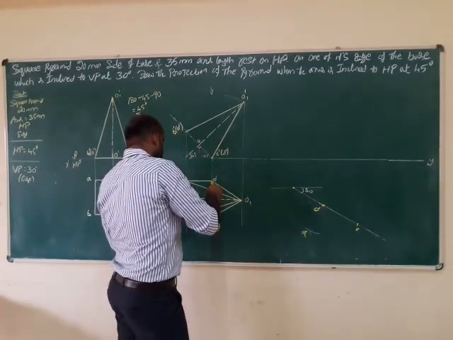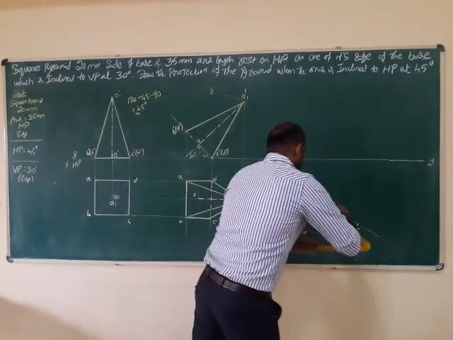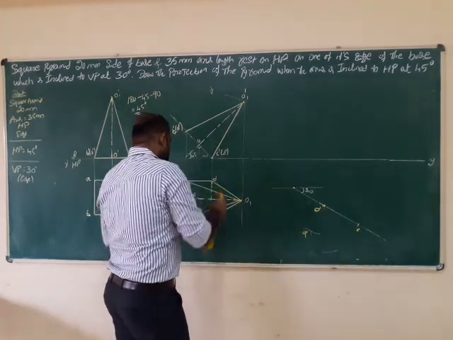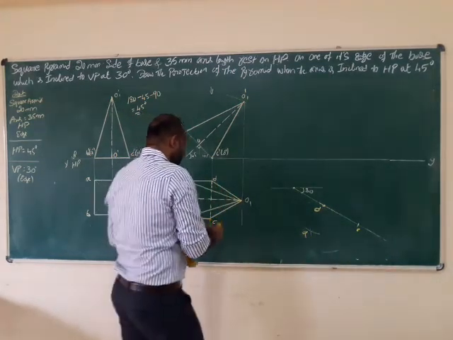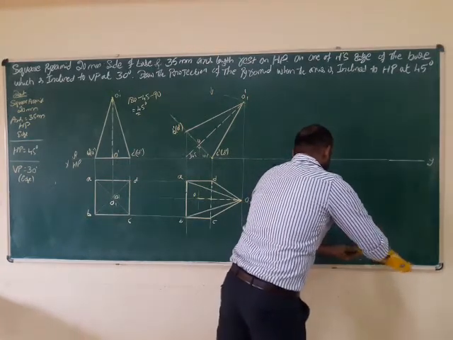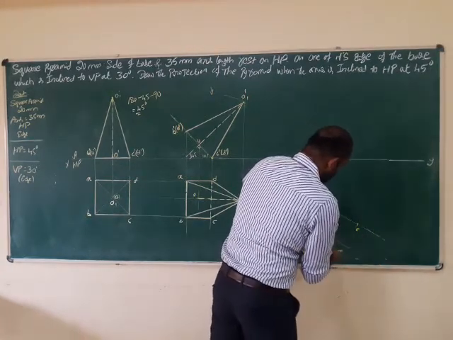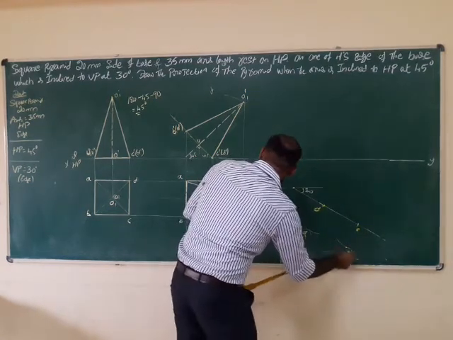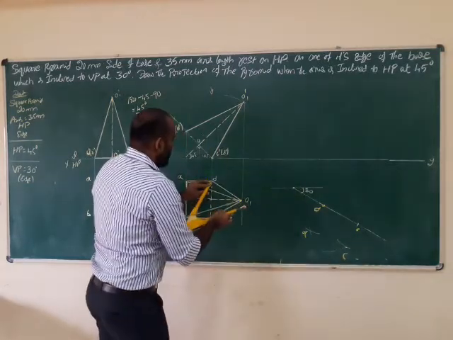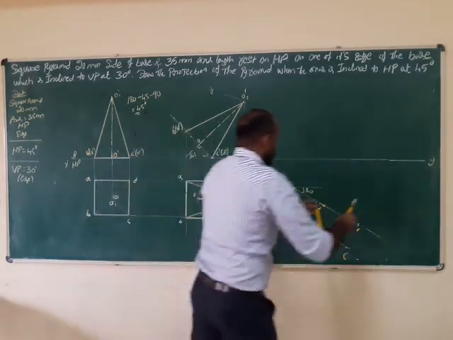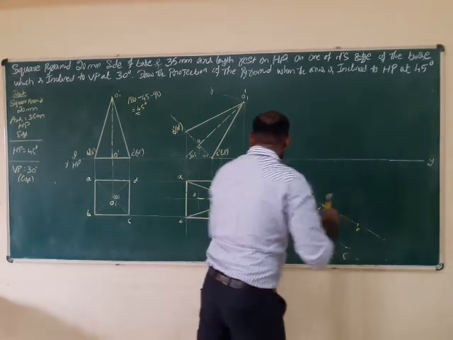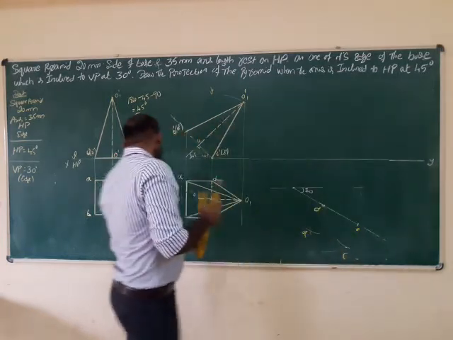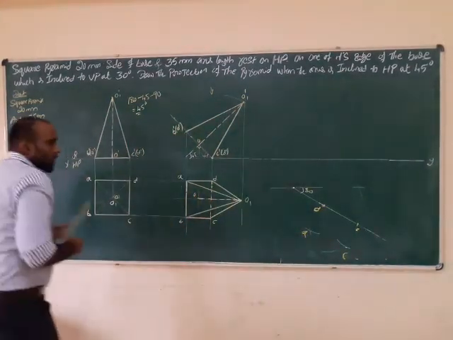Similarly, D to B and C to B. That point is called B. Now, D to O, C to O, same distance. Join all the corners.